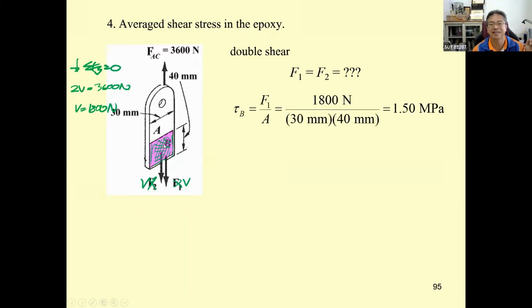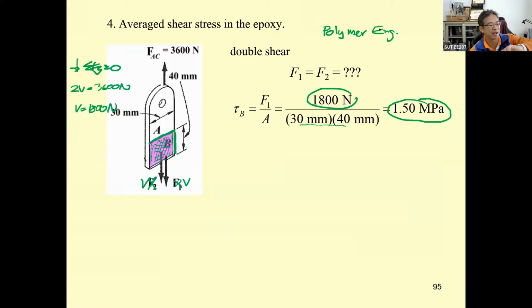And the shear stress is going to be 1,800 times this is 30 millimeter, this is 40 millimeter. You get the stress on the epoxy to be just 1.5 megapascal. So for the polymer engineering, you guys may develop a new type of glue that has very high strength, with a tau allowable that is going to be larger than this.